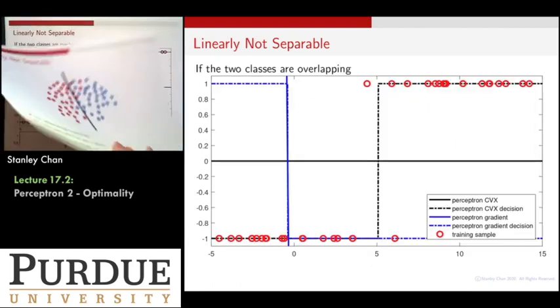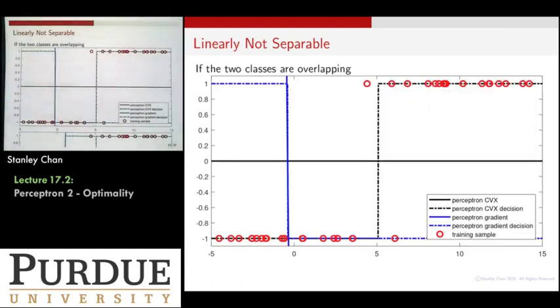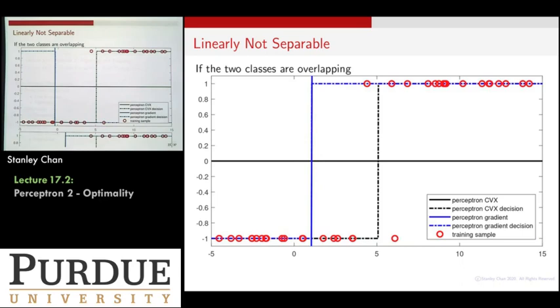So let's see what will happen in this animation if you have two classes that are linearly non-separable, meaning that the training sets are overlapping. Okay, so you look at the top, you have red circles here. At the bottom, you have red circles there. So what will happen is this. You run this. Okay, so you go here, I'm pretty happy.